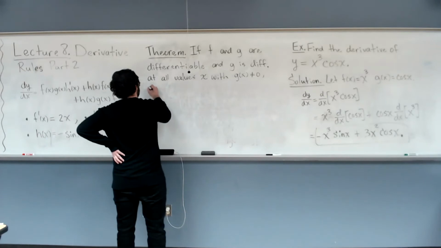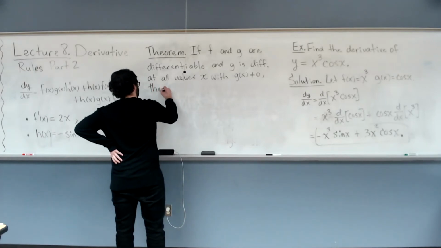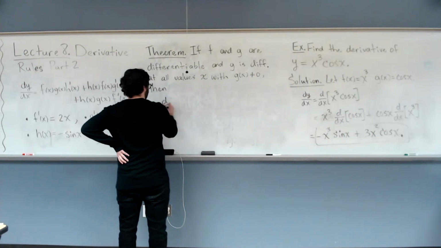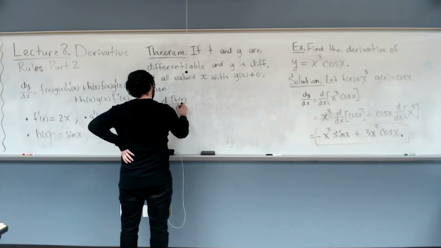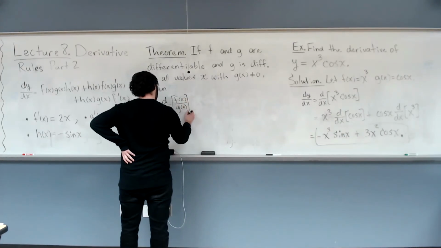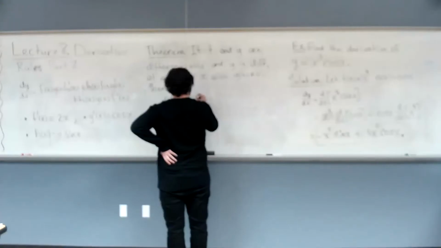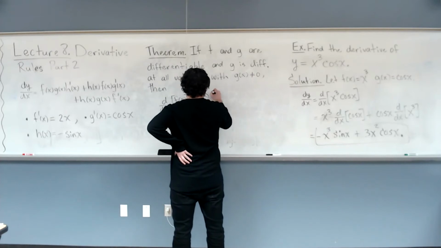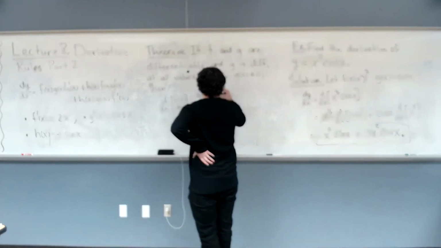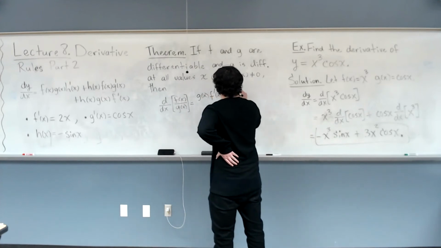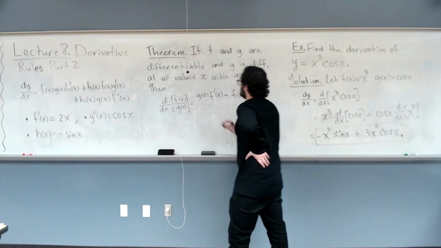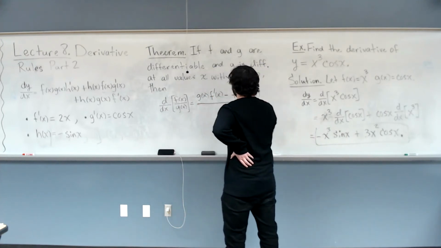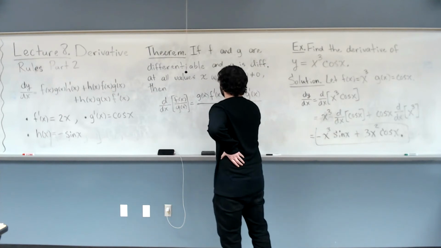And the derivative with respect to x of the ratio of f of x over g of x is equal to g of x times f prime of x minus f of x times g prime of x, all over g of x squared.